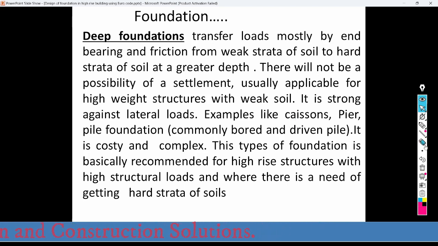So what does caisson mean, what does pier mean, and what does pile foundation mean? Basically, caissons are similar to piers, but are recommended for bridges located along rivers or oceans.